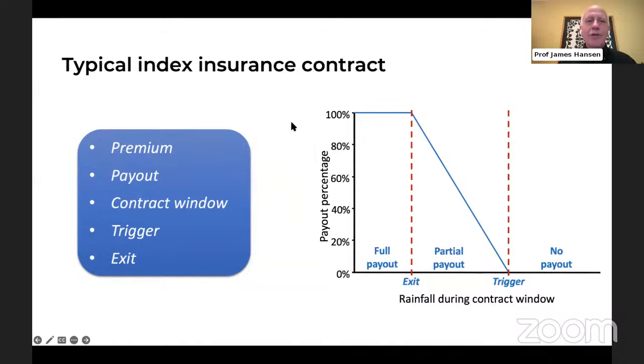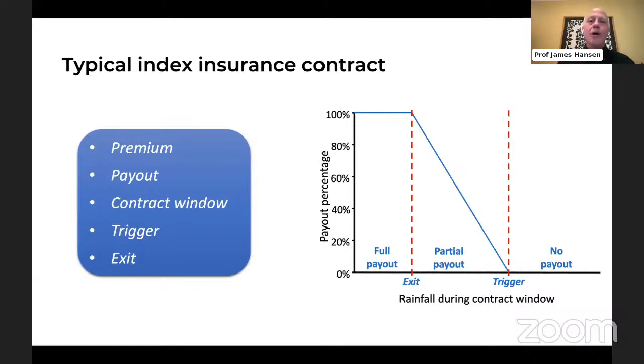As with any new concept, there is some jargon to learn. I'm showing on the right an example of a typical rainfall index insurance contract, and on the left, some terms. A premium is the amount of money that a farmer would have to pay every year, usually quite a while before the start of the growing season, in order to have coverage for that year.